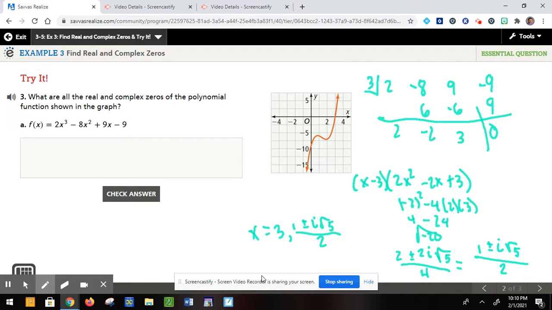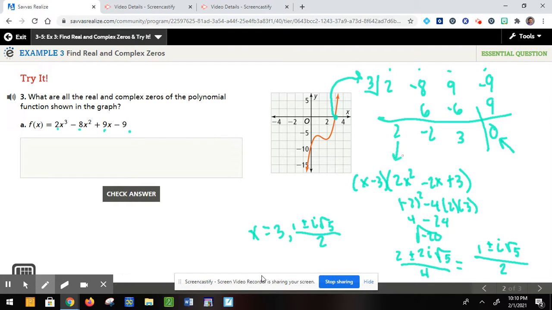The first thing I did is recognize that it's crossing through 3, so that's where that 3 comes from. Doing synthetic division with the coefficients of the original function, those are all noted here. When I do synthetic division, I get 0 for the remainder, which means I was right to assume that it went through 3.